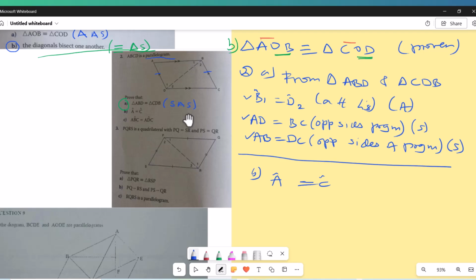These are angles, né? Yes, sir, you are correct. We say that angle A equals to angle C because of opposite angles of a parallelogram.